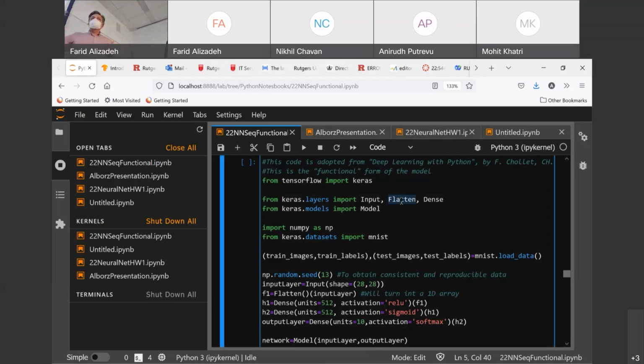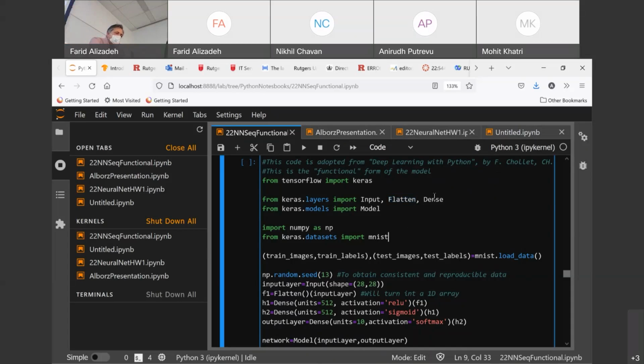So in the lingo of Keras, that's also a layer. If you have a multi-dimensional array coming in, you can pass it to a Flatten layer, which doesn't do anything other than turning it into a one-dimensional line. So just keep in mind that the word layer in Keras is more expansive than what we want to do.